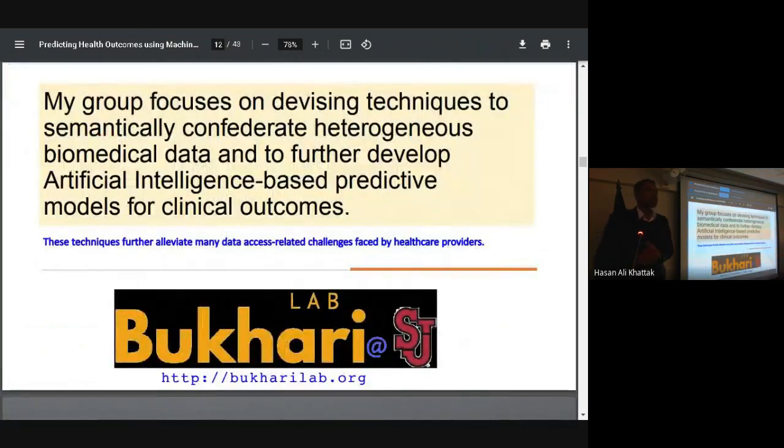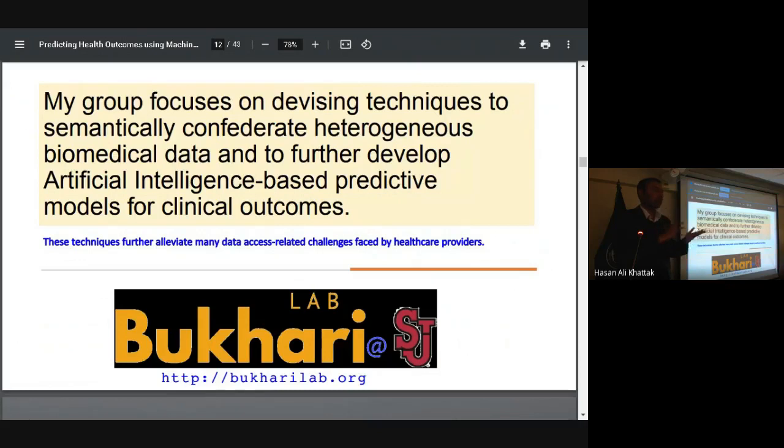So here comes my group. My group focuses on devising techniques to semantically federate, interlink, link, mix, join this heterogeneous type of data which I just showed you. And after that, we develop different artificial intelligence based algorithms for clinical outcomes.